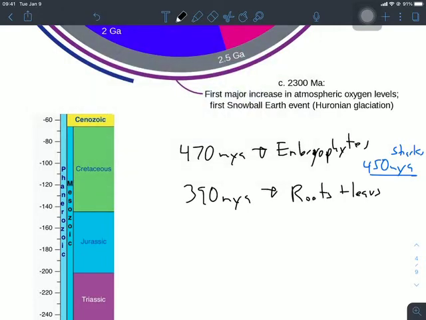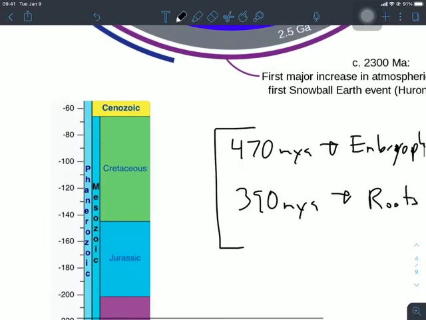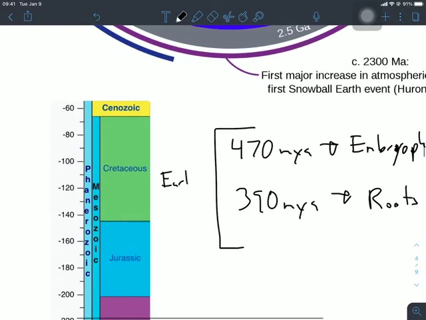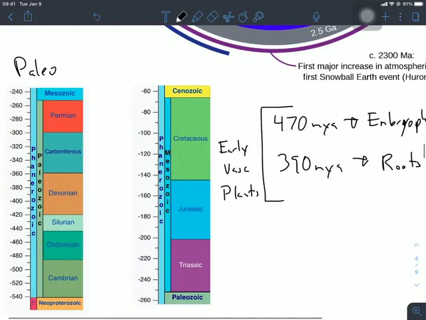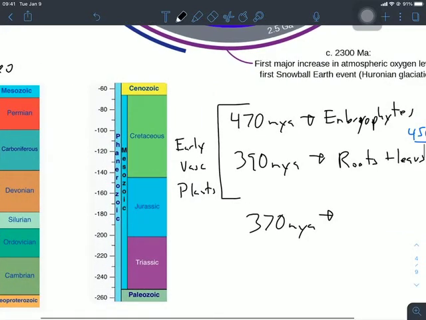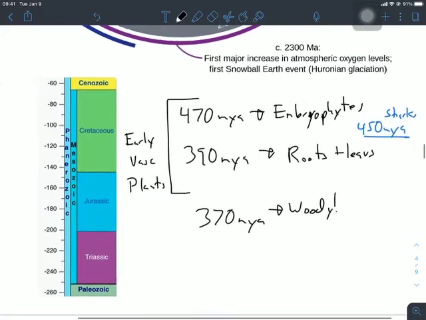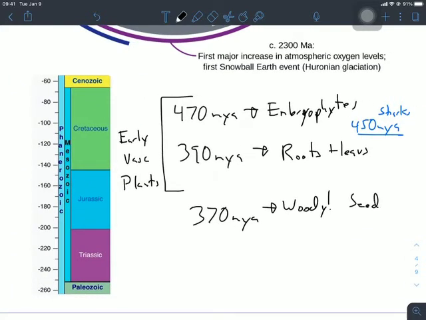Now this window of our early vascular plants and their dominance of the landscape would come to a transitionary period sometime around the Carboniferous, where at 370 million years ago, we see a huge shift to lots and lots of woody plants and seed ferns.